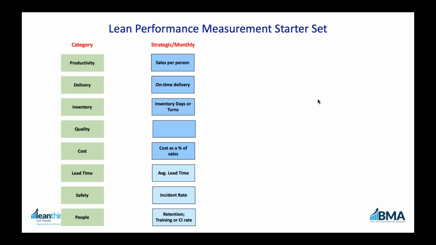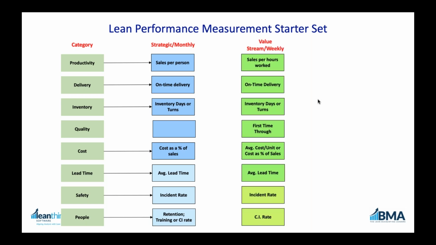So it's typically not used at the company level. We want to measure any cost as a percentage of sales. We want to measure lead time, safety rates, incident rates, and then for people, it's about retention, training, or continuous improvement. The value stream or weekly measures are very, very similar. You can see we do add a first time through.